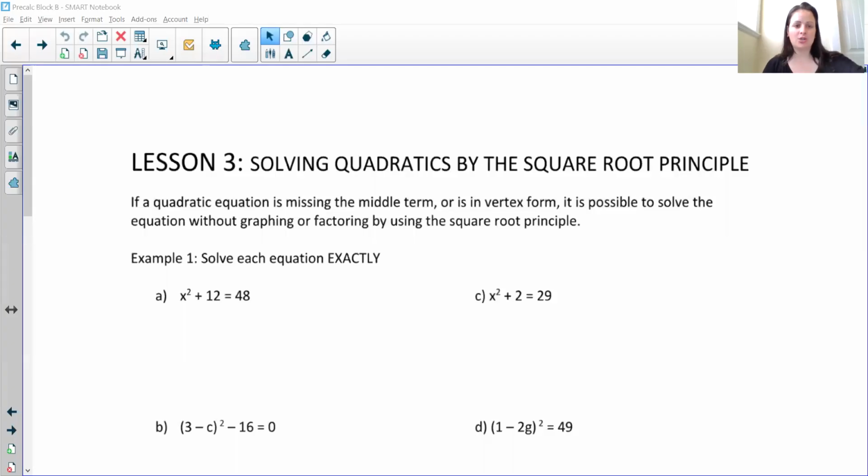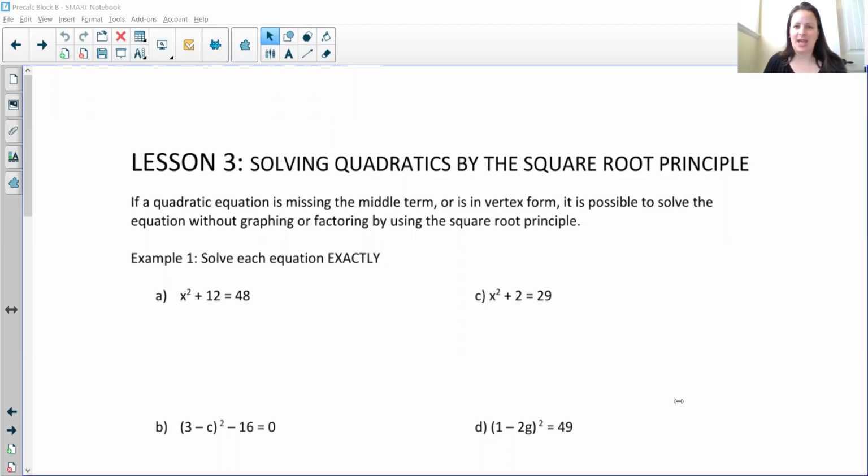Today we are going to learn how to solve quadratics with the square root principle. This is a great way of solving quadratics while maintaining precision. You use this method if you cannot factor a quadratic easily, because it's not a simple trinomial or a messier trinomial that can be factored.